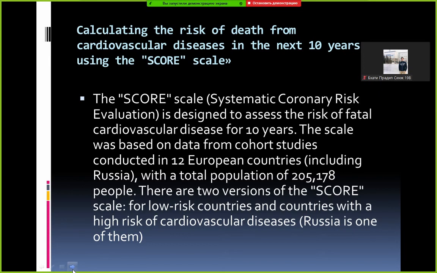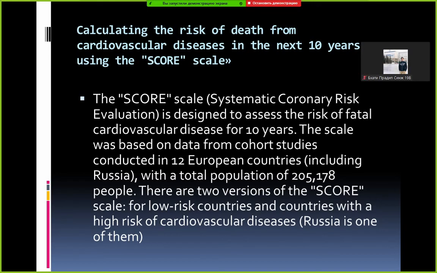So next we must calculate the SCORE scale. This scale is designed to assess the risk of fatal cardiovascular disease for 10 years.